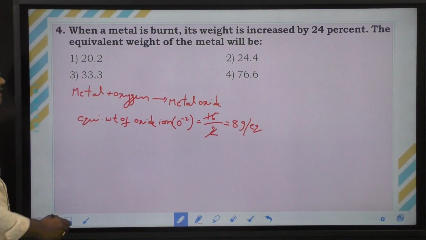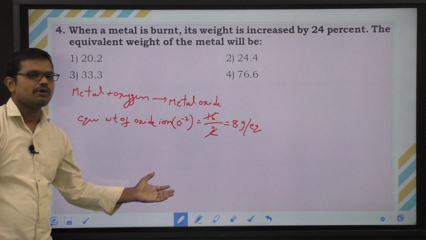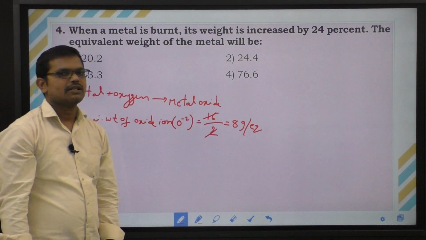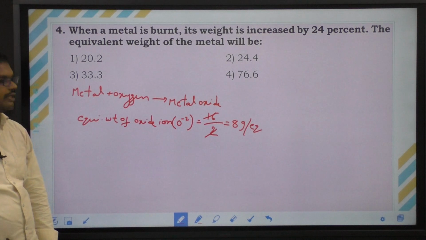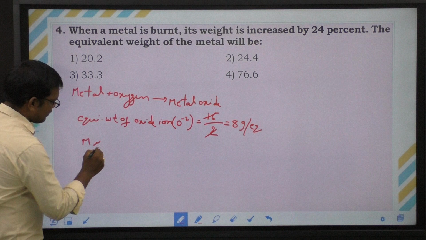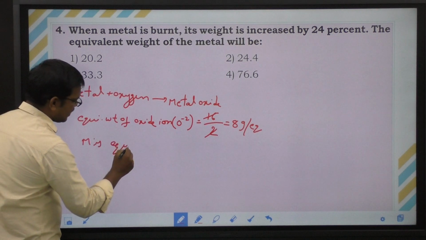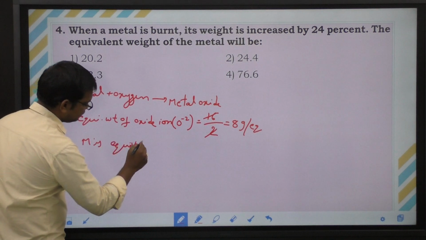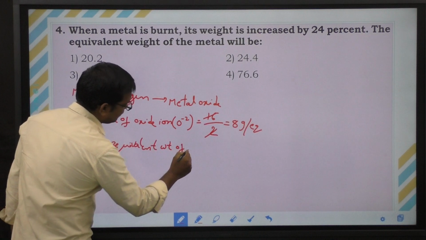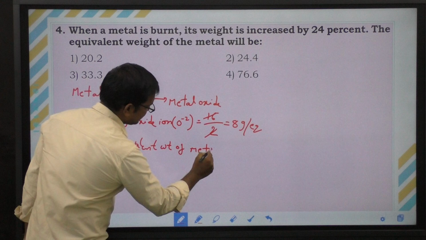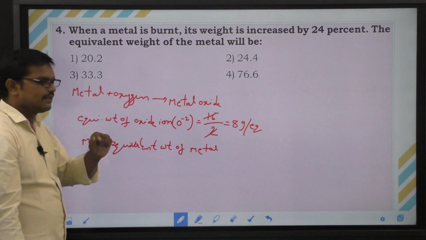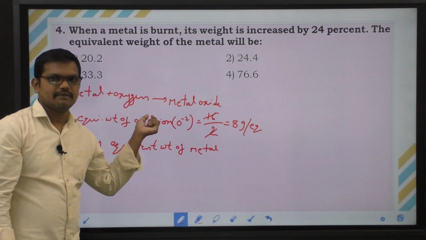Knowing that, you can calculate the equivalent weight of the metal. Let m grams of metal react with 8 grams of oxygen.